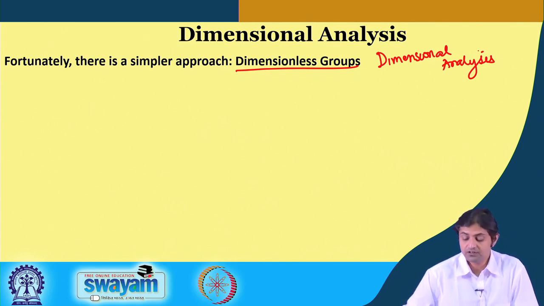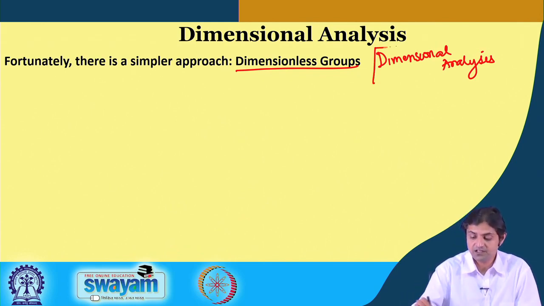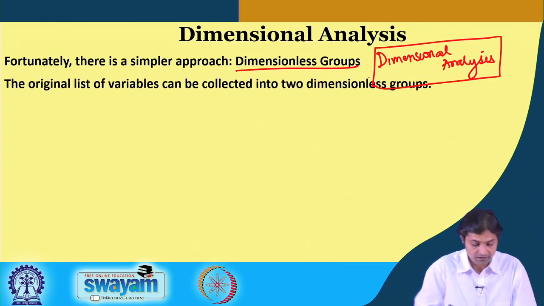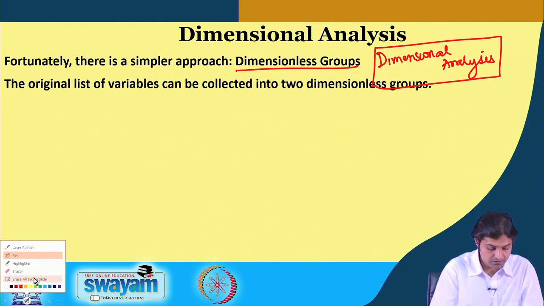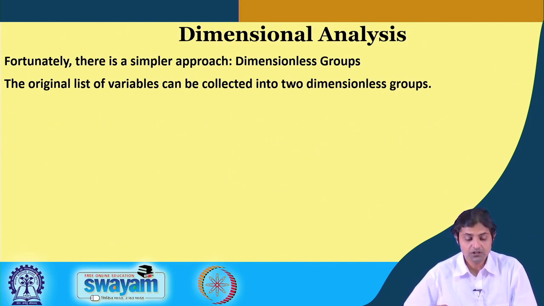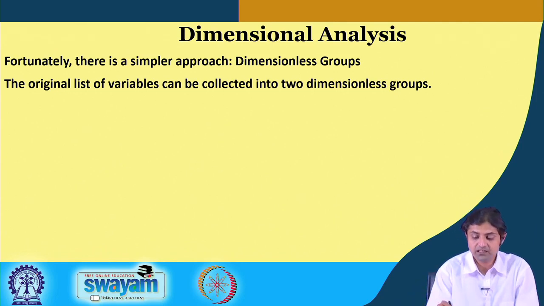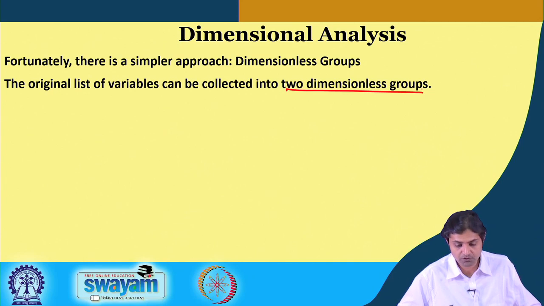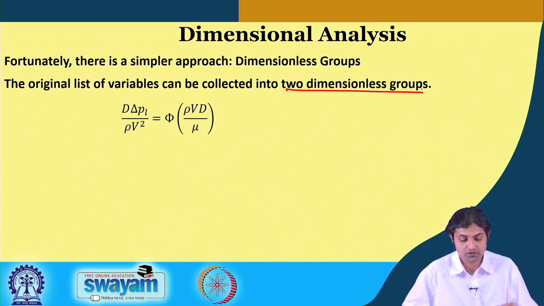So, this makes our life easy and is therefore the topic for this week's module. In dimensional analysis, the original list of variables can be collected in 2 dimensionless groups. I mean, it could be more, but let us say 2 dimensionless groups.